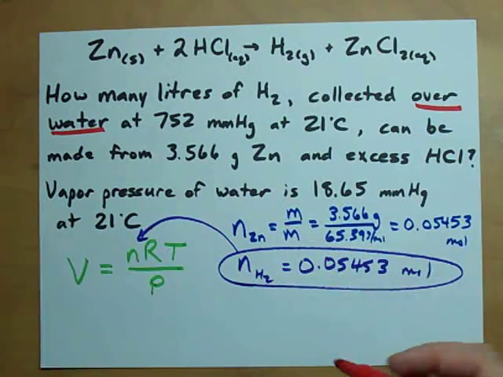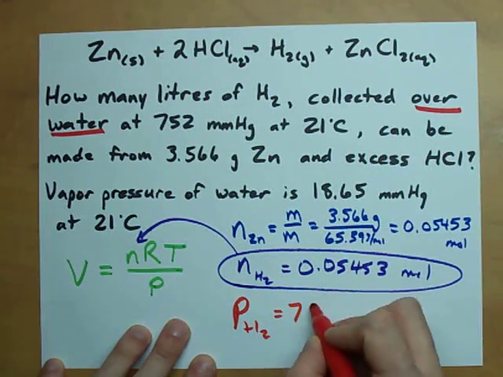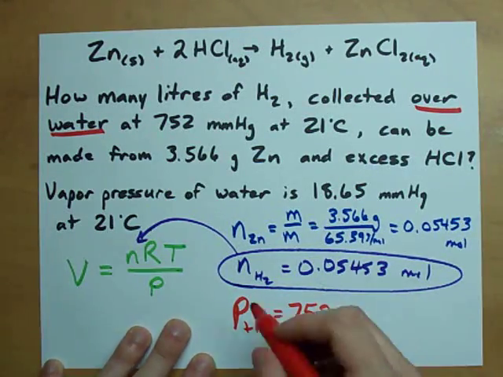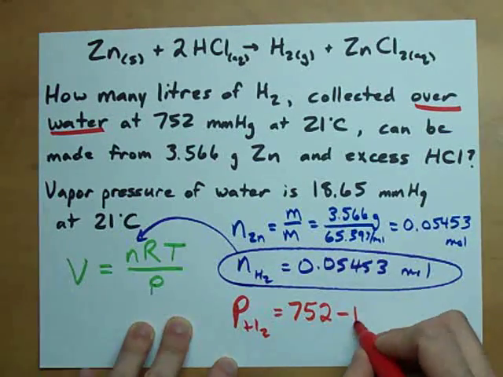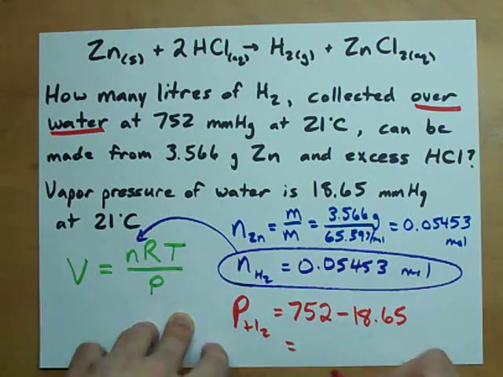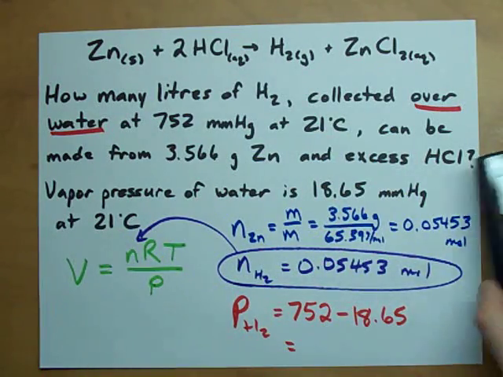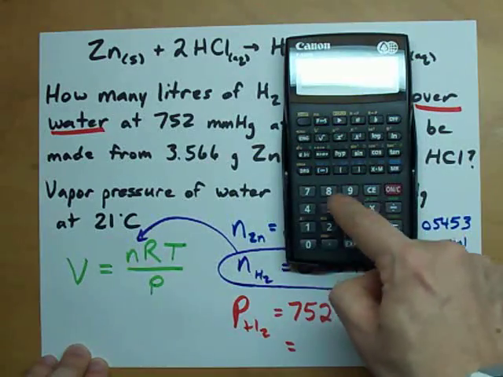It's kind of volatile. The pressure of hydrogen is actually the difference between those two. It's the total pressure 752, but you take away 18.65 to account for the fact that there's water vapor mixed in.